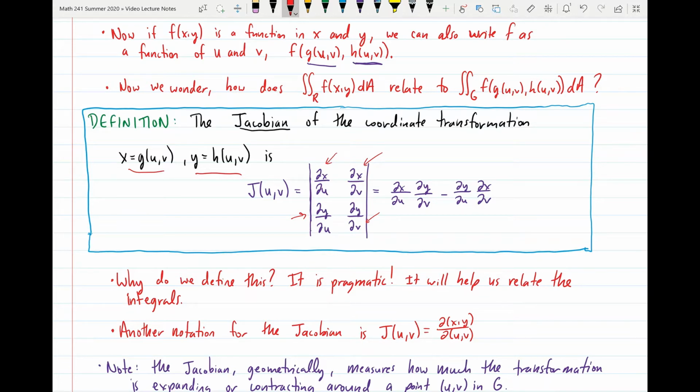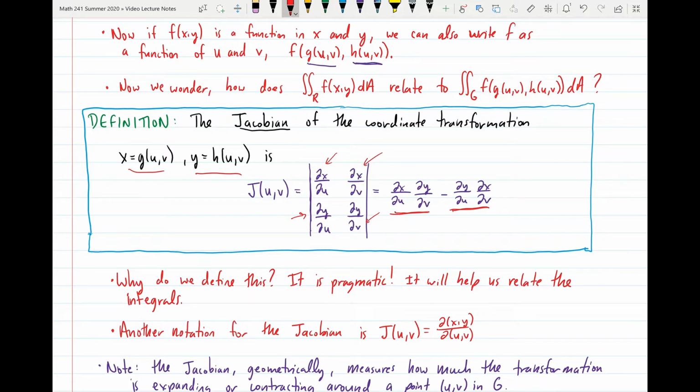And remember, using the formula for the determinant of a 2 by 2 matrix, this will give us partial x partial u times partial y partial v minus partial y partial u times partial x partial v. So this is another way that you could write the Jacobian, but it's probably most beneficial to think of it as the determinant of this 2 by 2 matrix consisting of the different partial derivatives.